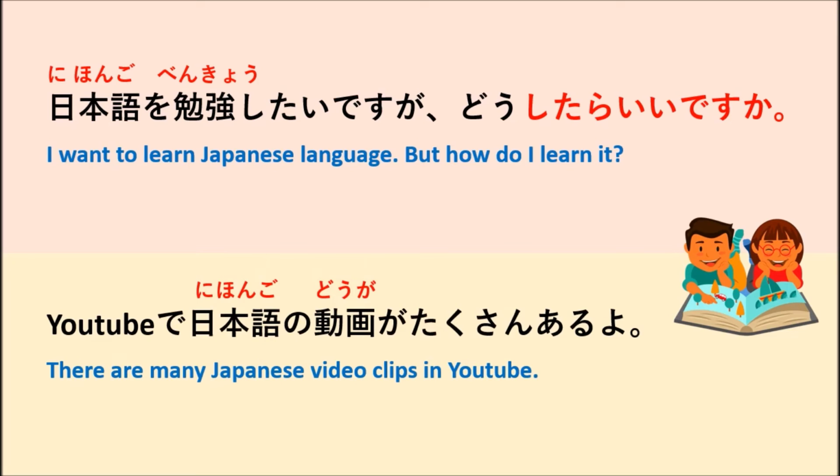So you can say ABC サイトは日本語を勉強できますよ。Which means you can learn from the ABC website. 無料です, which means it is free. There are many possible answers depending on you; this is just an example.